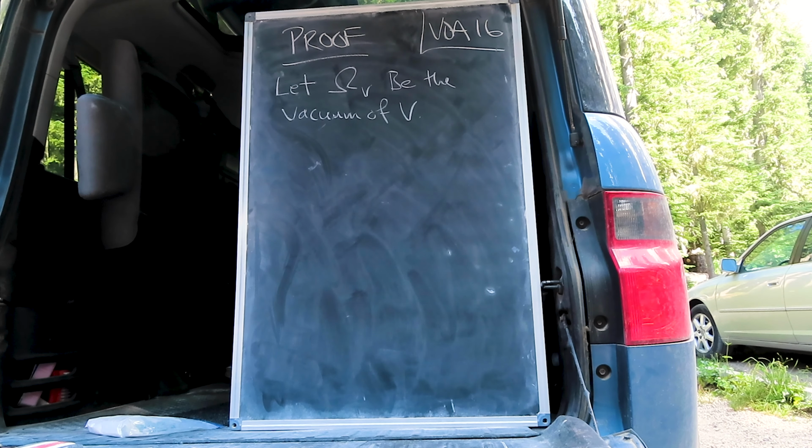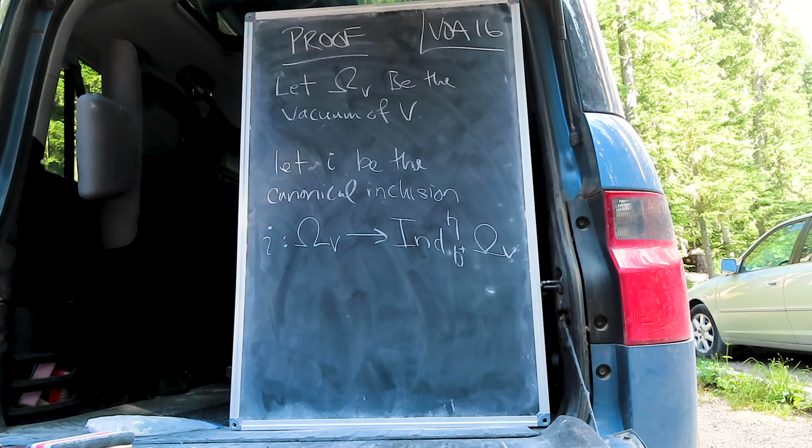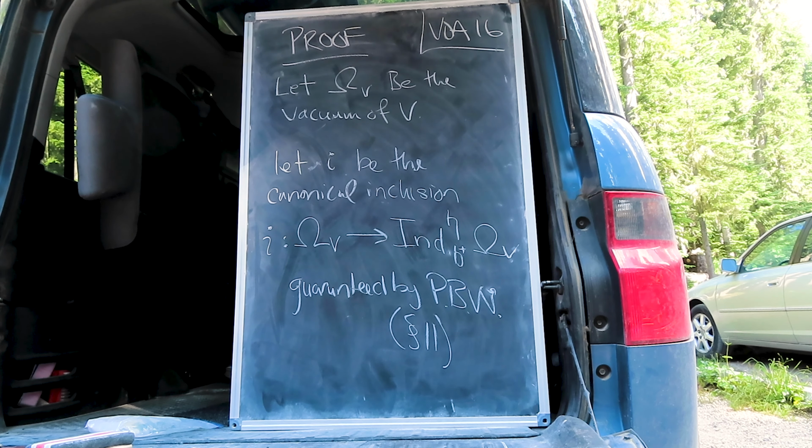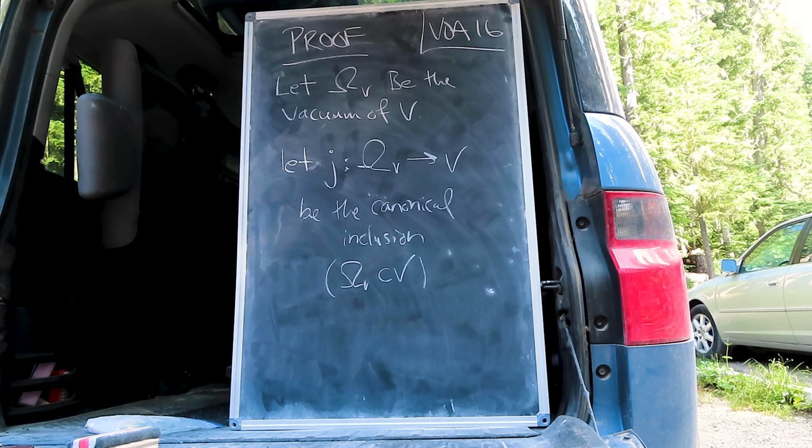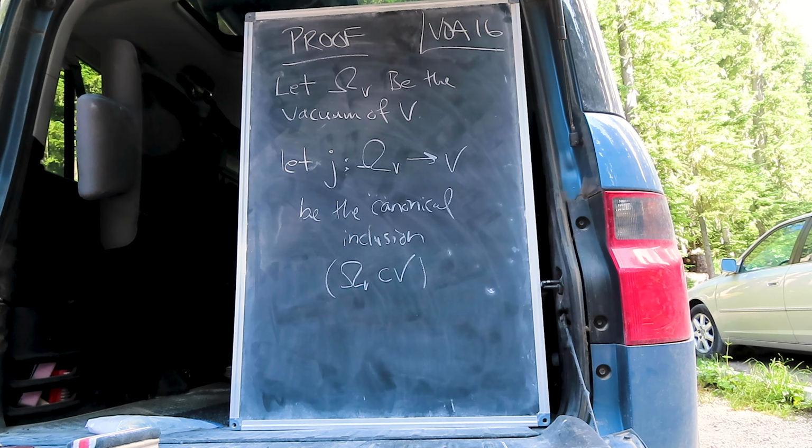Okay, first, of course, we have omega V is the vacuum of V. We studied induced modules in section 11 and saw the Poincaré-Birkhoff-Witt theorem granted an inclusion map I, in this case from omega V into the induced module. Of course, omega V, being a subspace of V, has a canonical inclusion into V itself, and let's just denote that by J. Note also that J is a B plus module map.